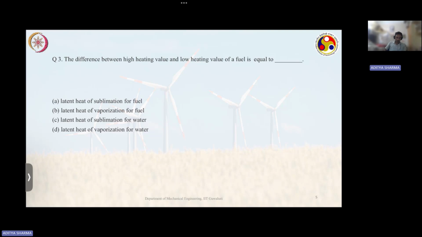Now the third question is on heating values. We have discussed high heating value and low heating value, so this is based on that only.